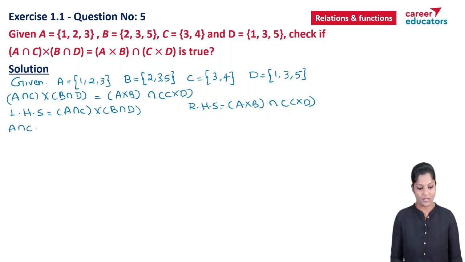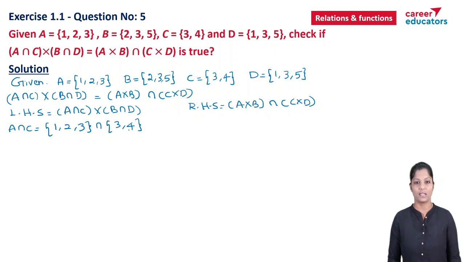A intersection C is equal to, write all the elements of A, 1, 2, 3, intersection, write all the elements of C, 3, 4. To find A intersection C, we have to write the common elements in both A and C. If we compare, we will get 3.